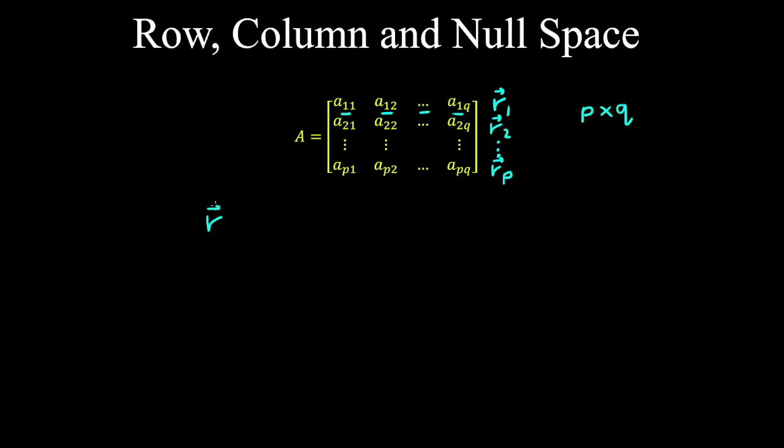So for example, row p will have the components AP1, AP2, and so on, up to APQ.